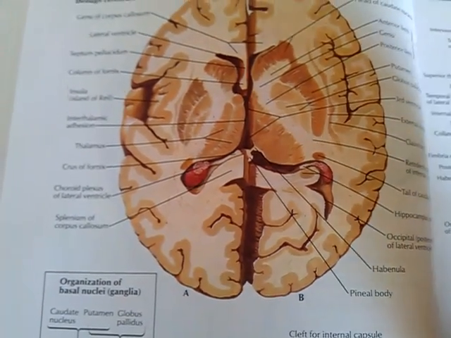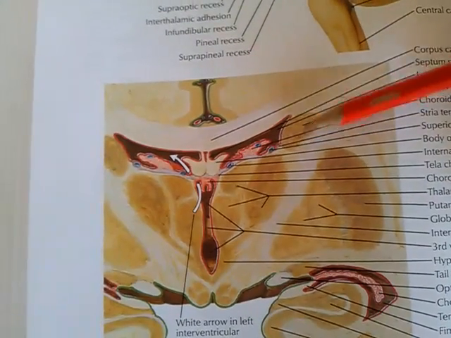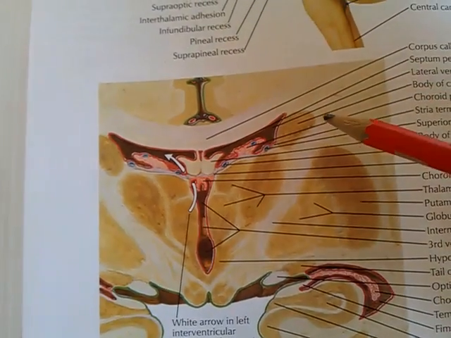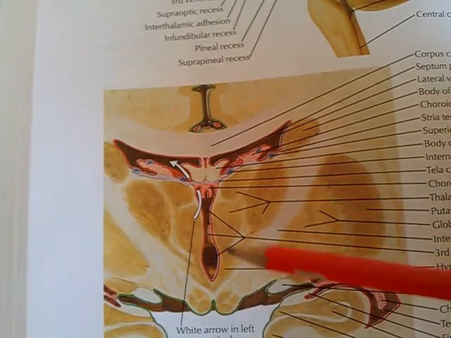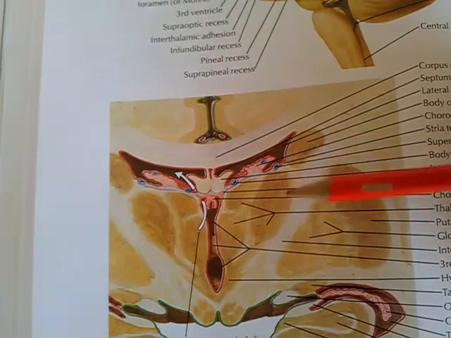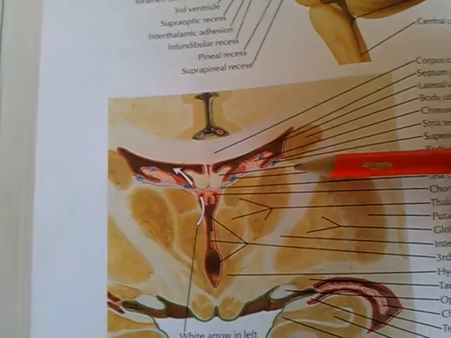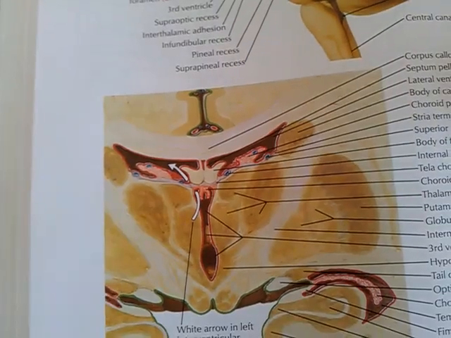Here again you can see the body of the caudate nucleus. This is the lentiform nucleus. This is the thalamus. The caudate nucleus is divided from the thalamus by the stria terminalis, the terminal stria.